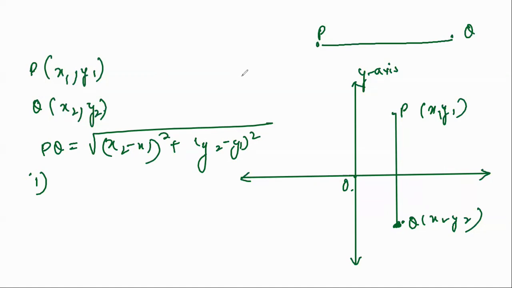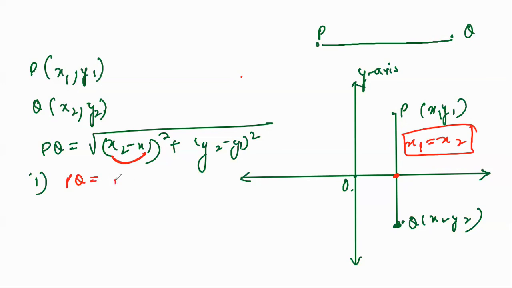Now, when the line is parallel to the y-axis, the x point is exactly the same. So x1 is equal to x2. When they are both equal, they give you 0 because they cancel out each other. Suppose x1 is 2, then x2 is also 2, and 2 minus 2 is 0. So this completely gives you 0.